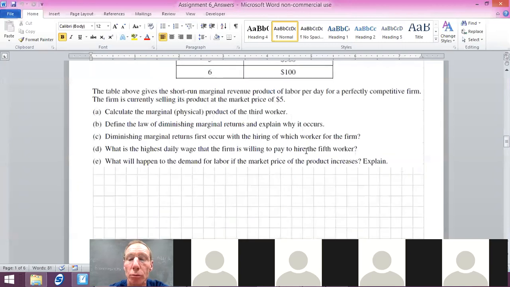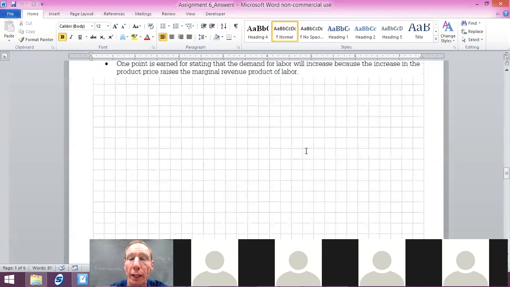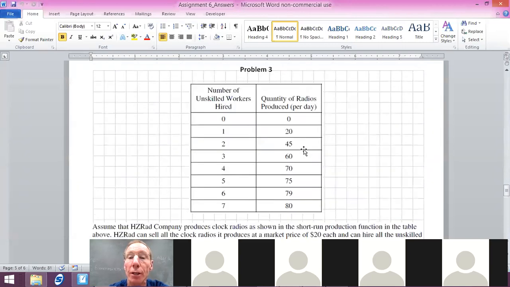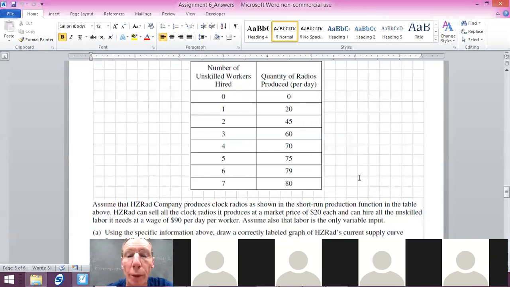They're giving us the output per day with only the labor. So this is like a number 1, but not quite like a number 1, because we only have labor, we don't have capital, okay? So what do we got?